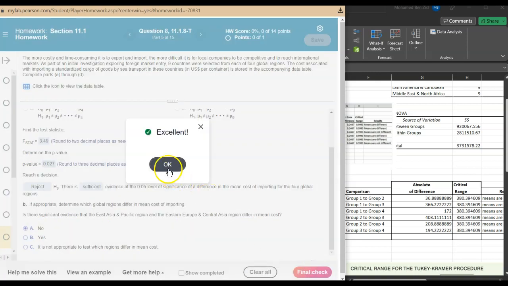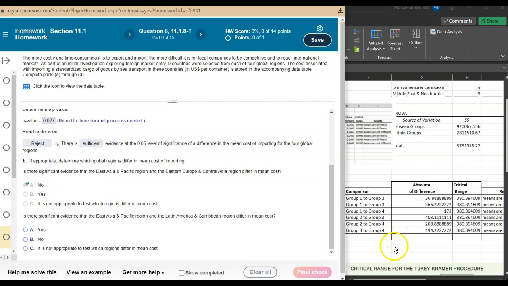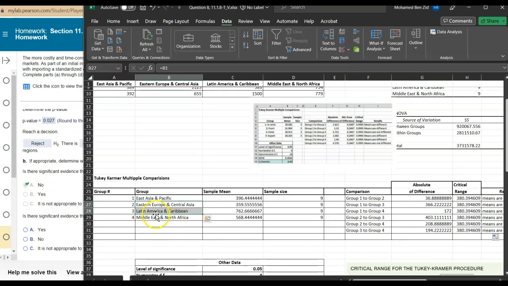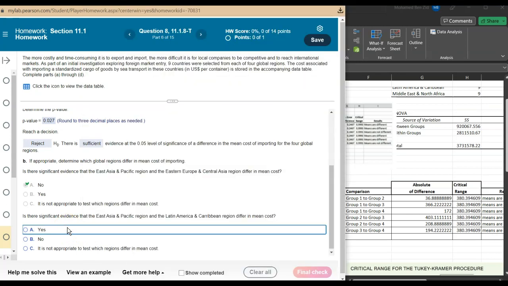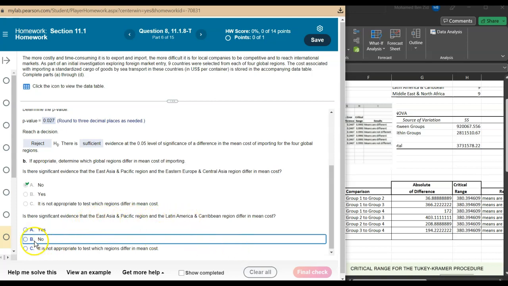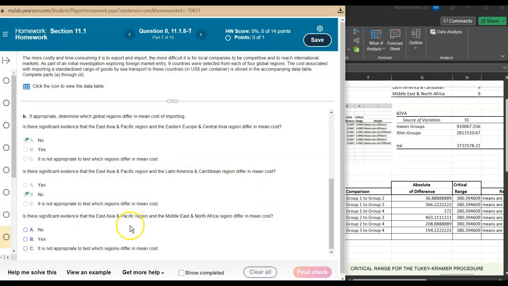I'm going to check it again. The only proof I have is between Latin America and the Caribbean and Eastern Europe. If I don't see Eastern Europe and Latin America, my answer would always be no. So East Asia and Latin America would be no again. East Asia and Middle East will be no again.